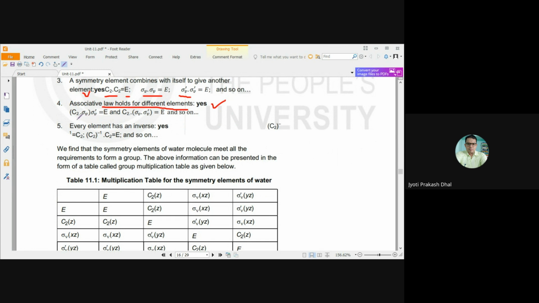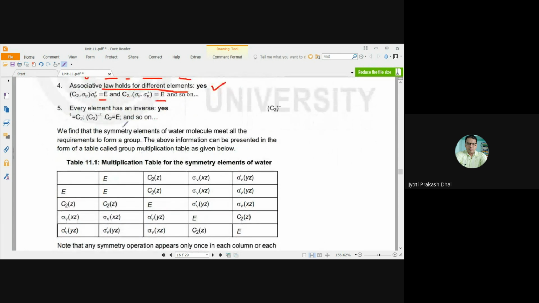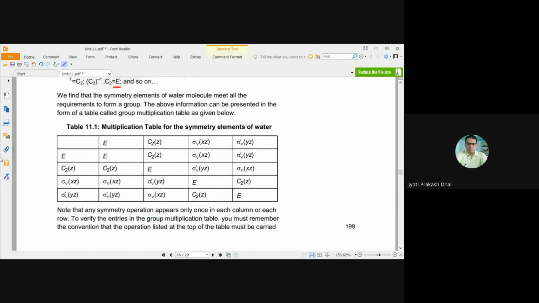For example, sigma v then sigma v dash equals E, or sigma v then sigma v dash, that is also equal to E. Then every element has an inverse. For example, C2 dot C2 inverse equals E, and so on. So we find the symmetry elements of the water molecule meet all the requirements of a group.